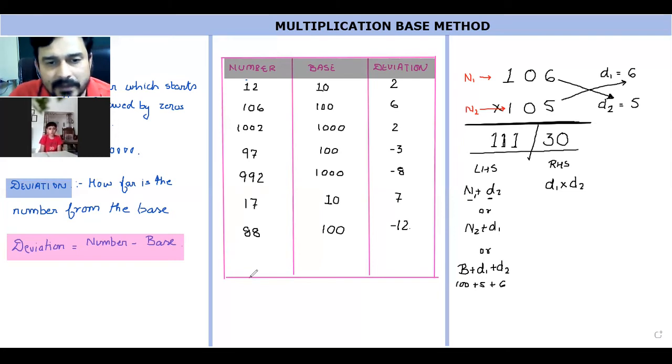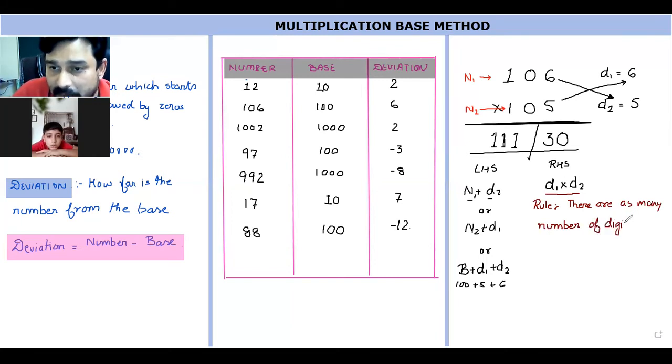What should be noted is that there is a rule for RHS, which says there are as many digits in RHS as there are zeros in the base.